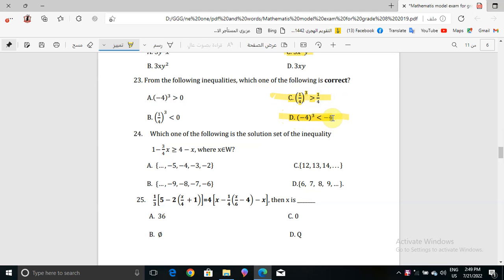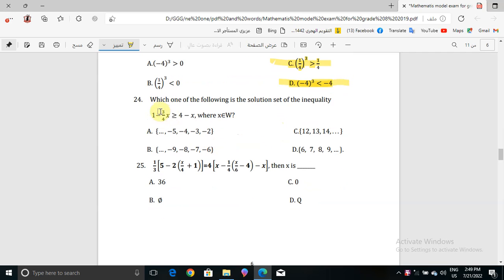Okay. Now question number 24, which one of the following is the solution set of the inequality 1 minus 3 over x is greater than or equal to 4 minus x? Now let's do it together, and also where x is an element of whole numbers.